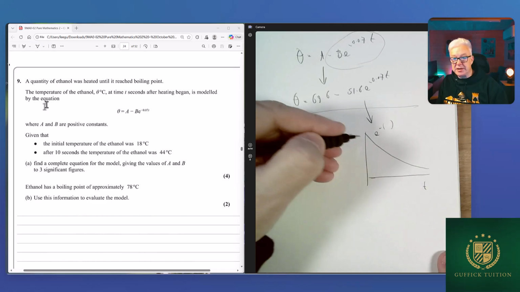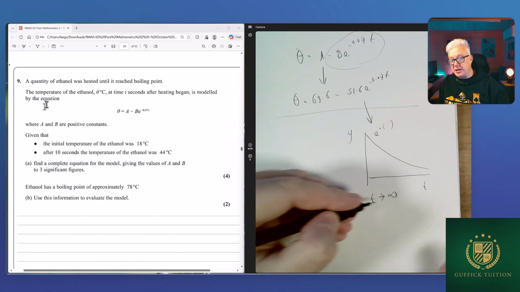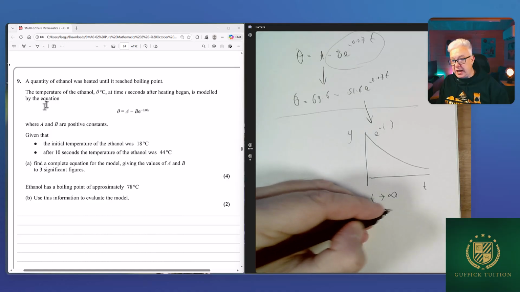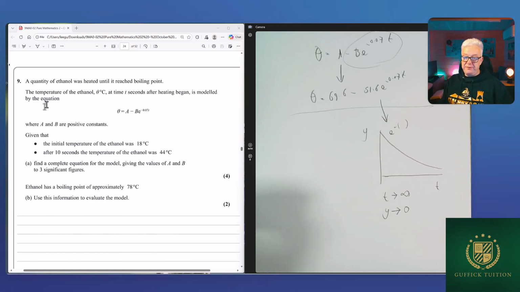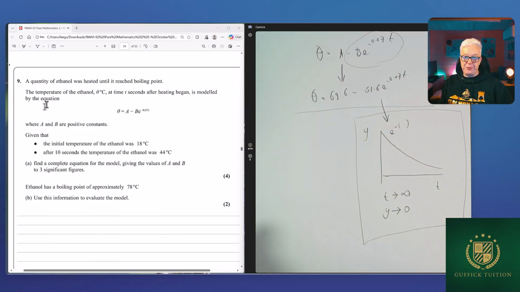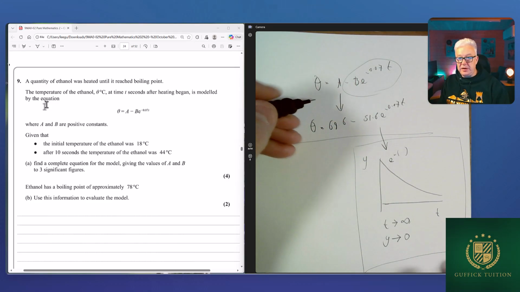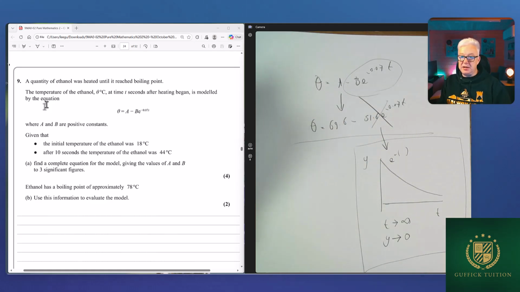So what you've got to think to yourself is, as t tends to infinity, this e to the minus 0.07t is going to tend to 0. Very, very key, super important idea right there. Because the implication for us here is that as t tends to infinity, this is going to tend to 0.